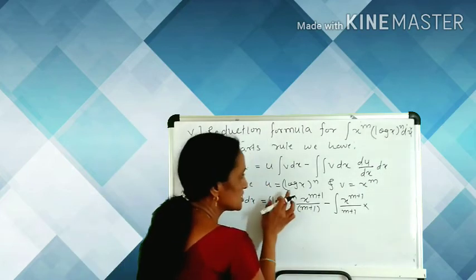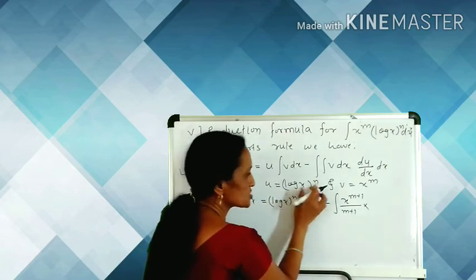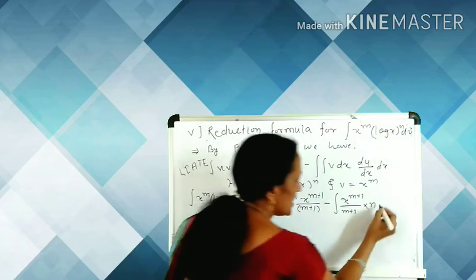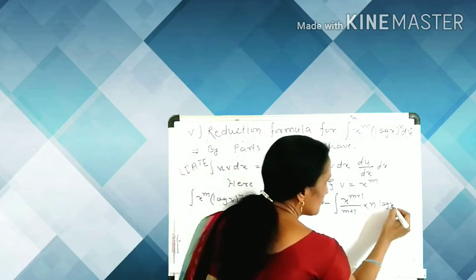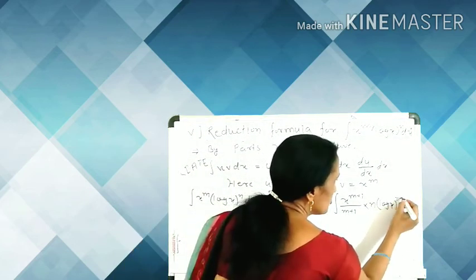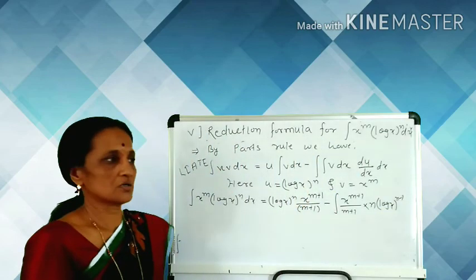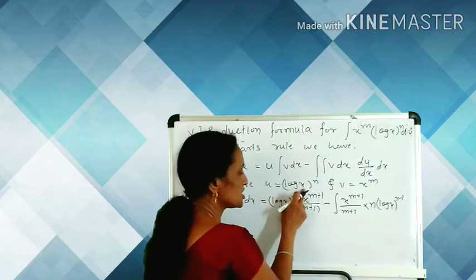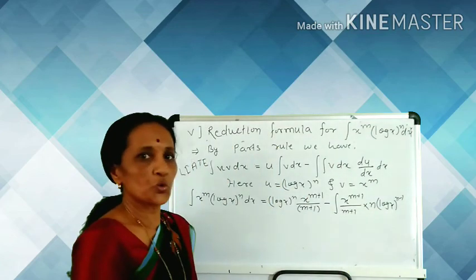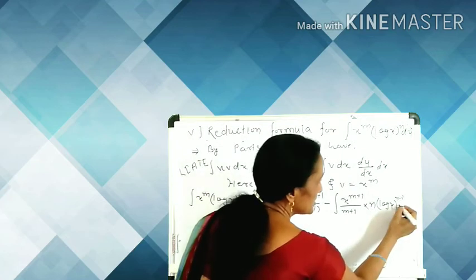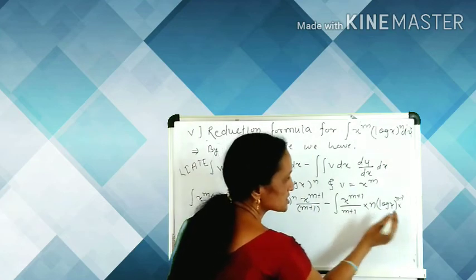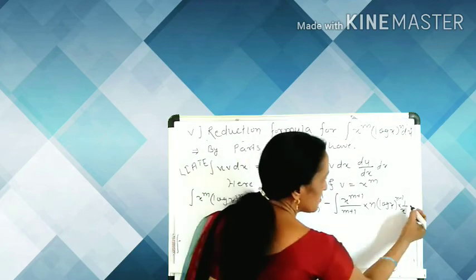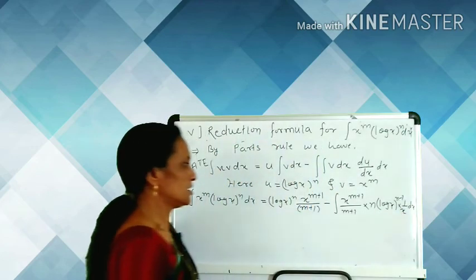The derivative: first the power is multiplied and the power is decreased by 1, that is n minus 1. But since this is a composite function, we multiply by the derivative of log x, and the derivative of log x is 1 divided by x, multiplied by dx.